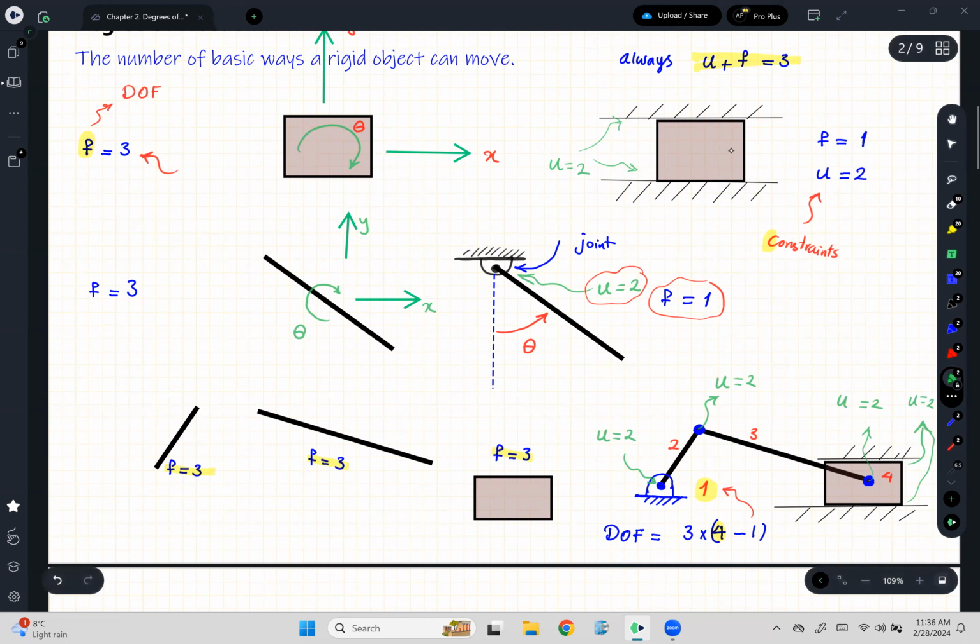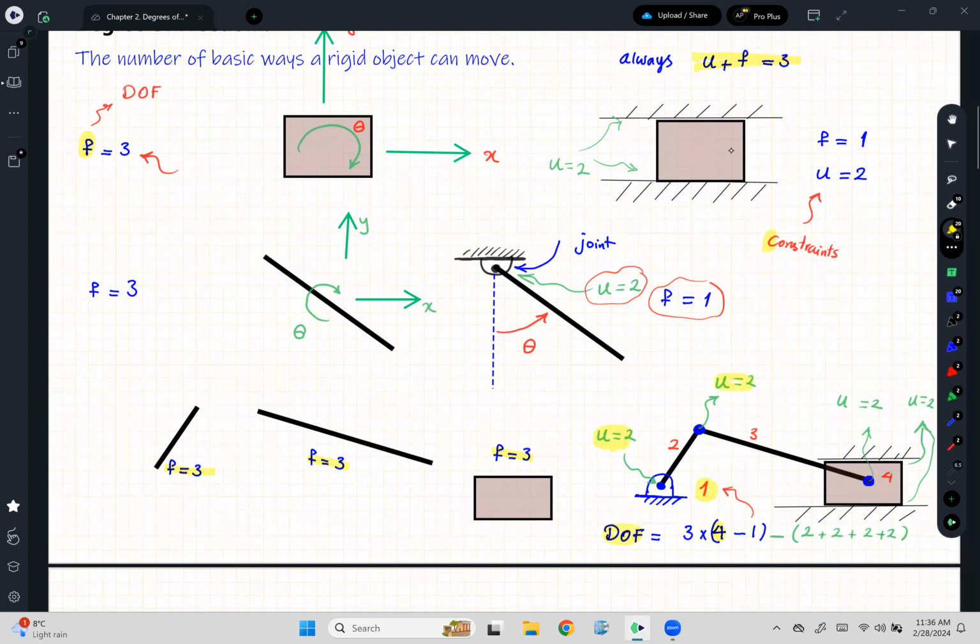In other words, I had so many degrees of freedom, but unfortunately, some of these joints and rails stole the freedom and added constraints. So I have 2 constraints plus 2, plus 2, and plus 2, right? Let's count it again: 1 here, another one there, another one there, and another one there. So it gives me 1, which means the degrees of freedom of this mechanism is 1.